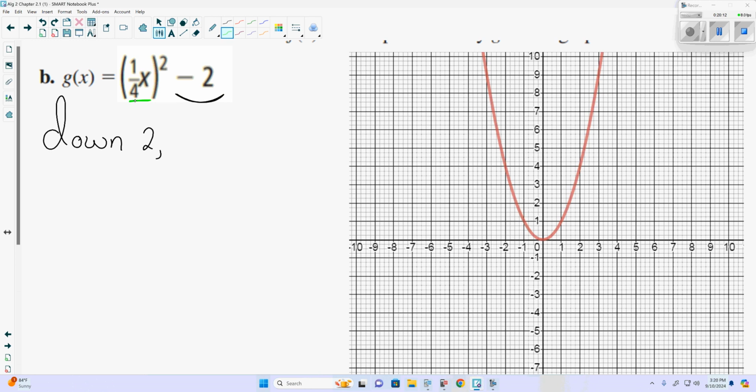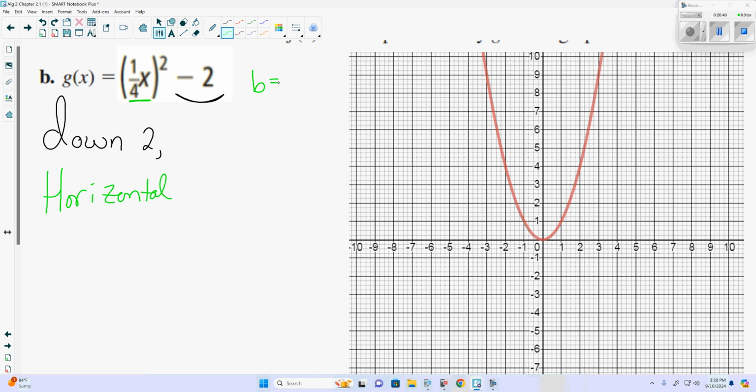So the other transformation is the 1/4 being multiplied with our x inside the parentheses. Since we're multiplying x by a number inside the parentheses, it is a horizontal stretch or shrink.